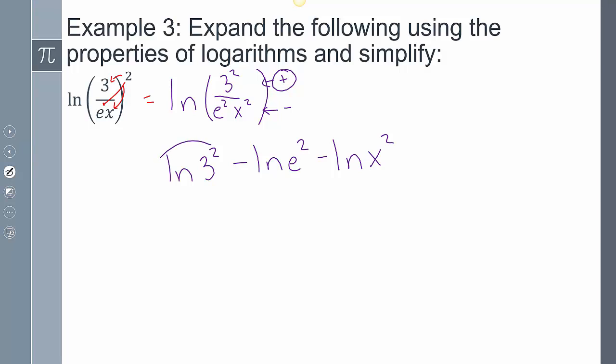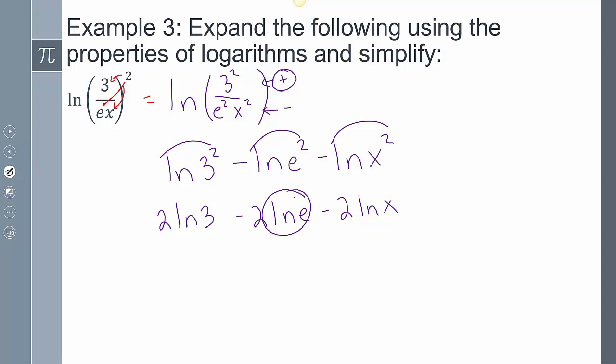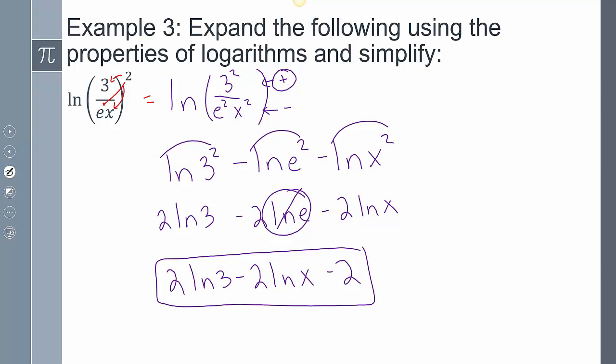Now I can bring these to the front. So I have 2 ln 3 minus 2 ln e minus 2 ln x. This cancels out. So then I'll get 2 ln 3 minus 2 ln x, and then I have my minus 2. And that's going to be my answer.